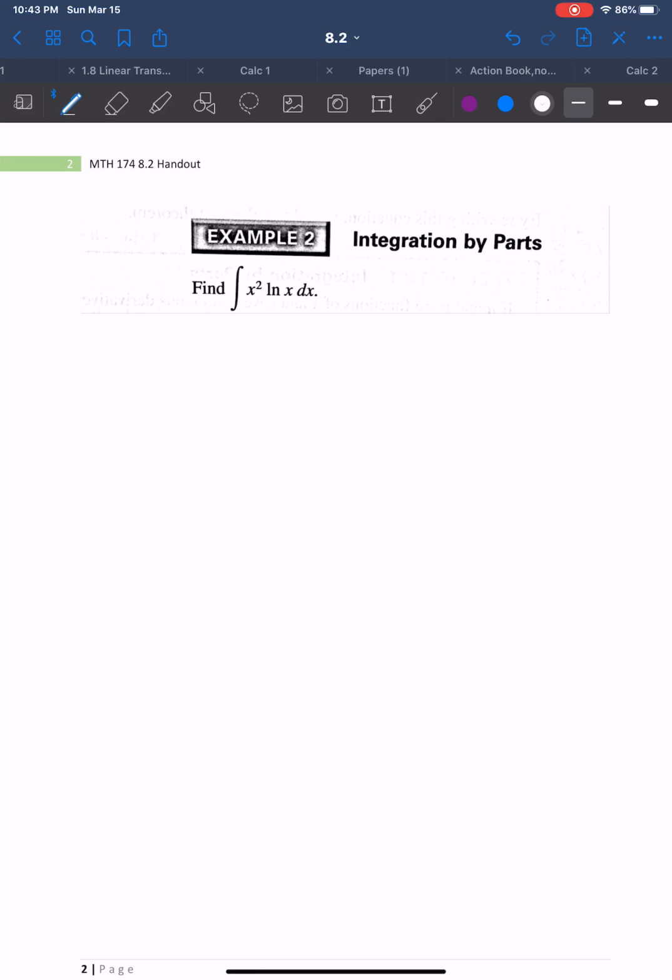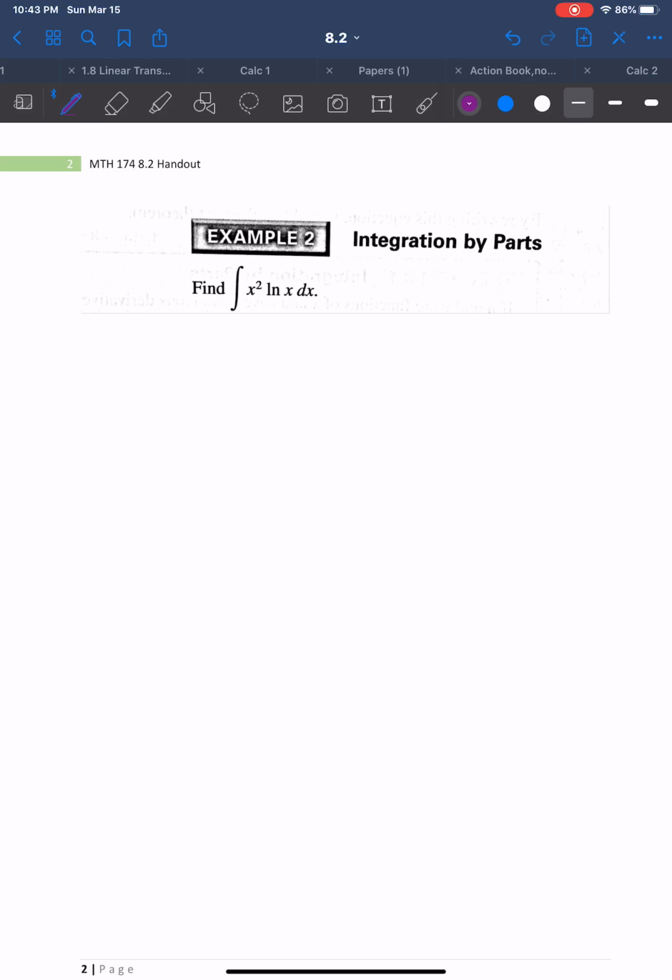So let's do another one, okay? Again, I'm going to punt on giving you hints of how to know to choose u and how to know to choose dv. That'll come in just a second. So for example 2, we're going to integrate x squared ln x.